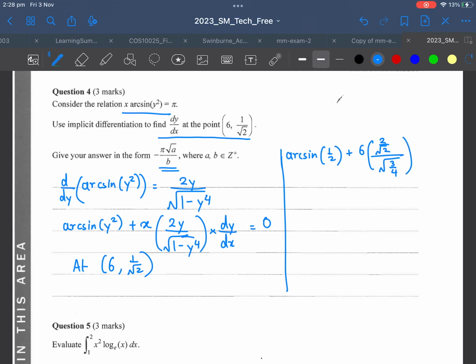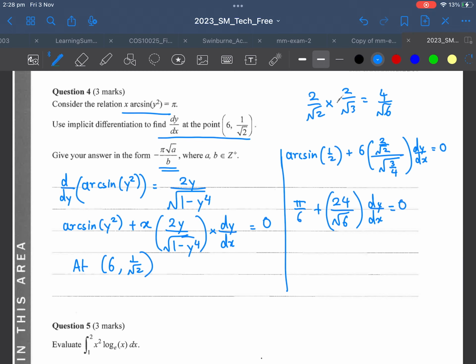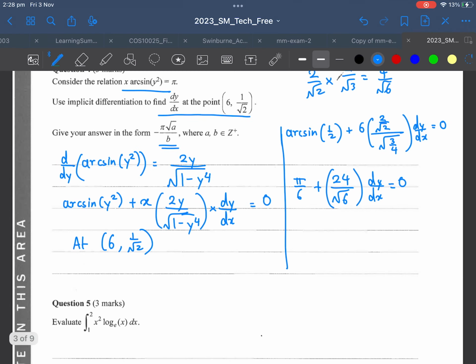Okay, there we go. dy/dx equals 0, so that would give us pi on 6 plus 2 root 2 times 2 on root 3, which gives 4 on root 6. So that will give us 24 on root 6 dy/dx equals 0, so we will get 24 on root 6 dy/dx equals minus pi on 6.